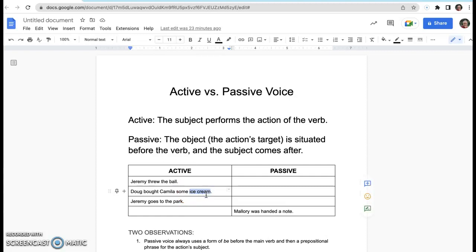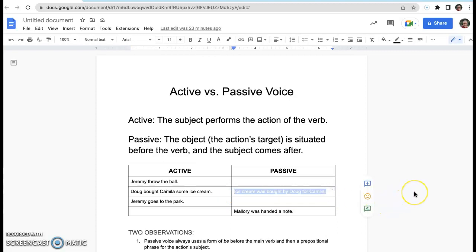Now, in this case, sometimes you also have an additional object, what we call an indirect object, that goes between the verb and the direct object. So after identifying the subject, verb, and direct object, I can ask one more question: to whom or for whom? Doug bought ice cream, to whom or for whom? Camilla. I just say this to demonstrate that it can be turned into a passive voice construction as well.